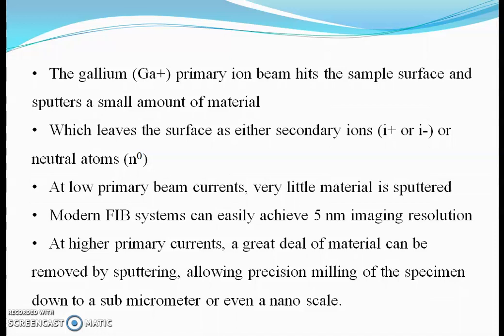That is the range of the imaging resolution, so you can manufacture the product up to 5 nanometer resolution. At a higher primary current, a great deal of material can be removed by sputtering, allowing precision milling of a specimen down to the sub-micrometer or even nanoscale.